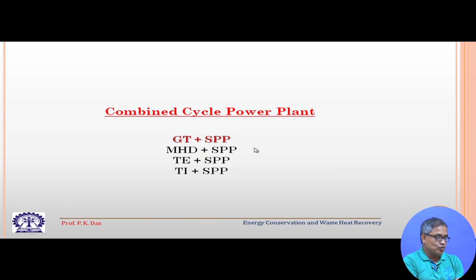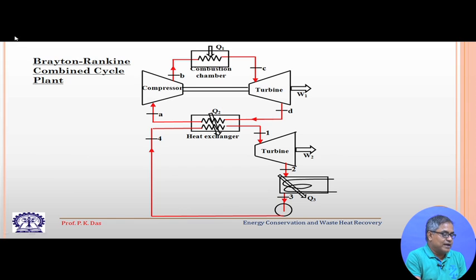What I would like to do is spend some time on the gas turbine and steam power plant combination, that is one of the very successful combined cycle power plants. In this slide you can see a schematic diagram of a gas turbine and steam turbine power plant.